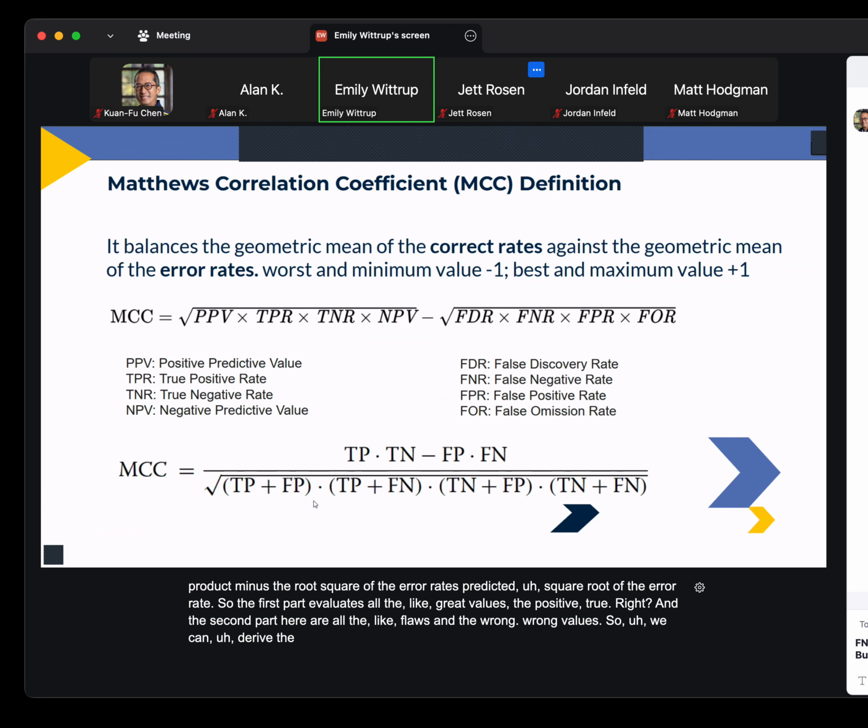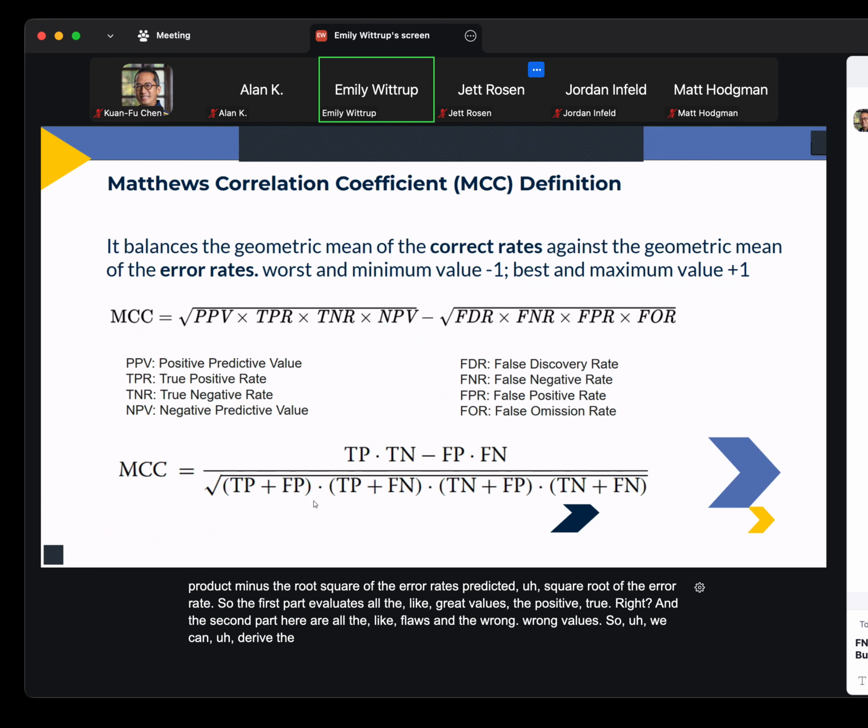Here I highlight each pair of the positive predictive value paired with the false discovery rate. So we can simply use the true positive rate; 1 minus the true positive rate is the false negative rate.